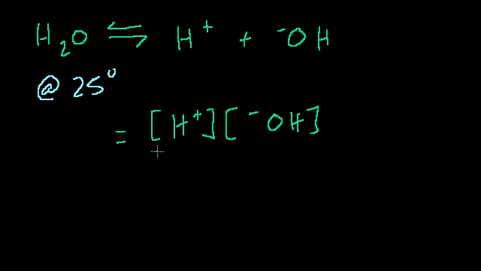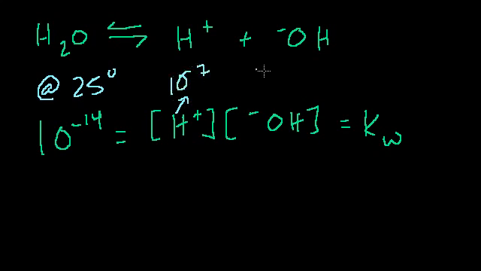So you don't include it. You could just say divided by 1, and that is equal to the equilibrium constant of water, and we learned that that's 10 to the minus 14. Because water by itself will have a hydrogen concentration of 10 to the minus 7 and a hydroxide concentration of 10 to the minus 7.